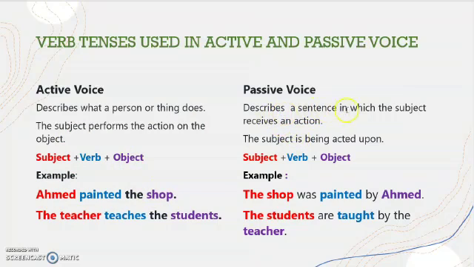Passive voice describes a sentence in which the subject receives an action. The subject is being acted upon. For example, the shop was painted by Ahmed. Now the shop is the subject, painted is the verb, and Ahmed is an object in this particular sentence.